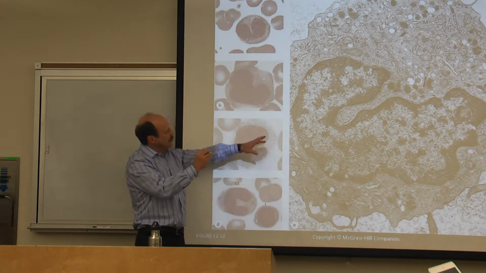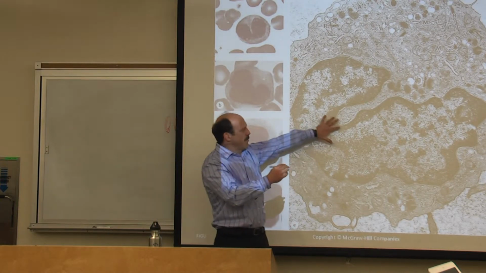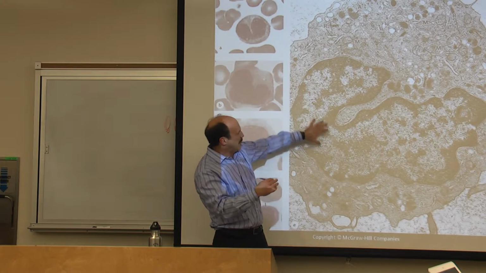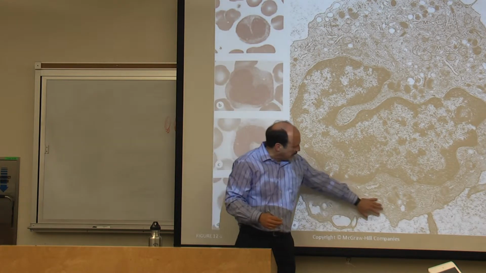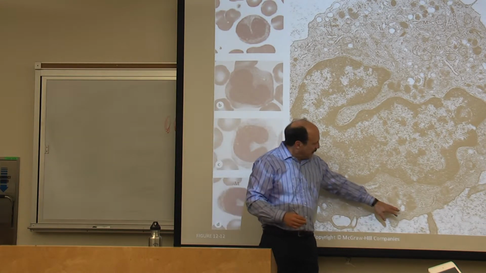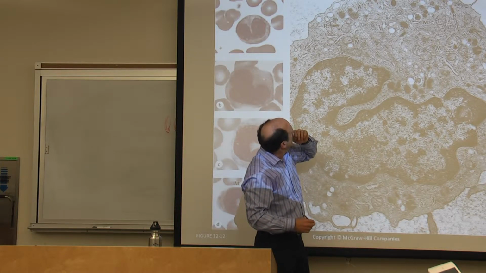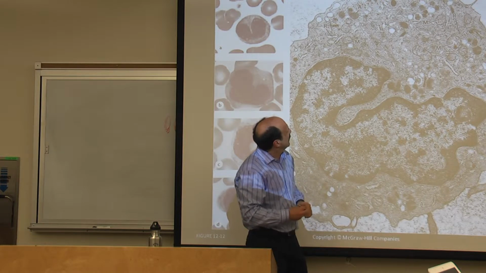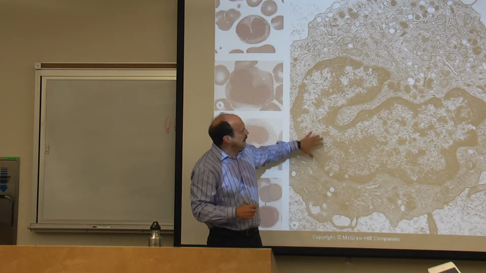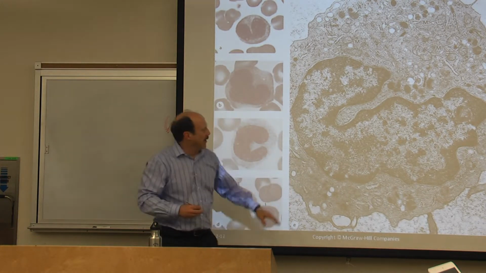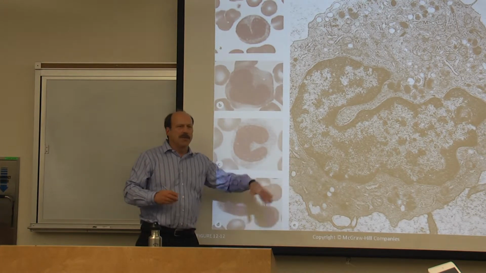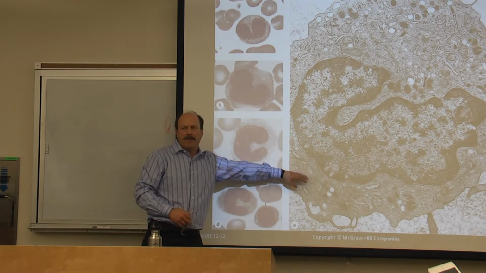Again, you have this transmission electron micrograph showing all sorts of incredible detail. You can actually label little organelles and see lysosomes, mitochondria, endoplasmic reticulum and all sorts of complexity there. When you see that, you should know that that's not an optical picture.